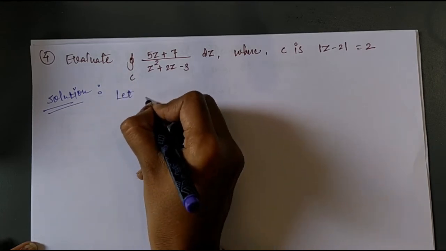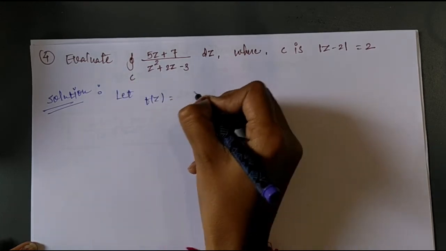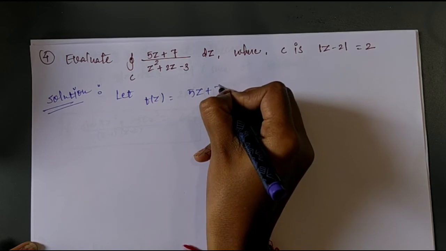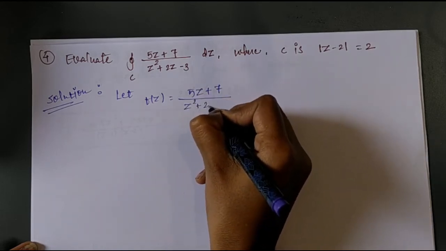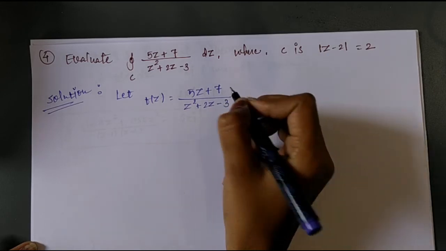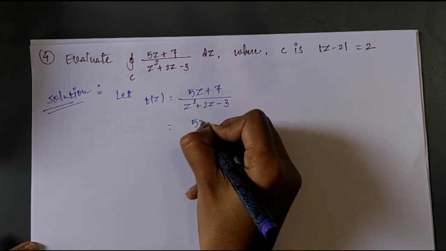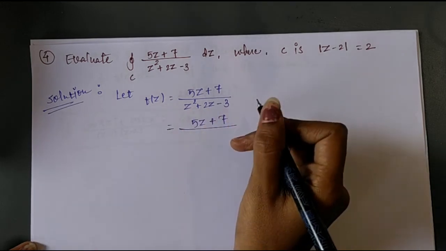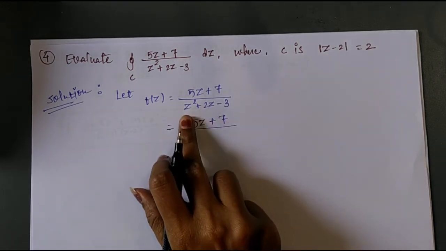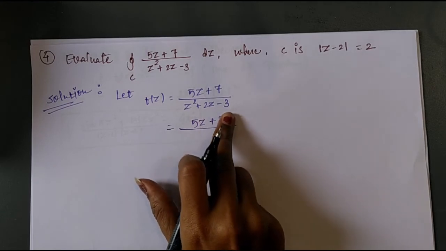So first of all you have to write f of z, so it will be 5z plus 7 upon z square plus 2z minus 3, and here the factors are not given, I'm just finding them. So you have to find the factors of z square plus 2z minus 3.